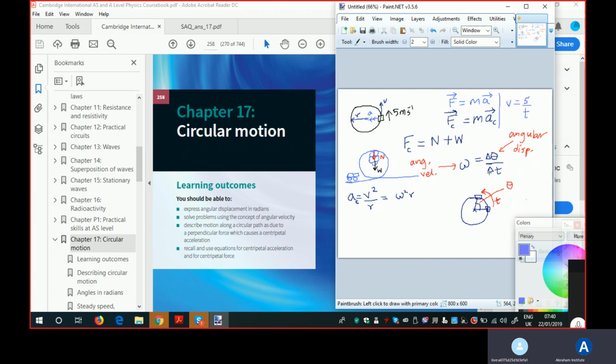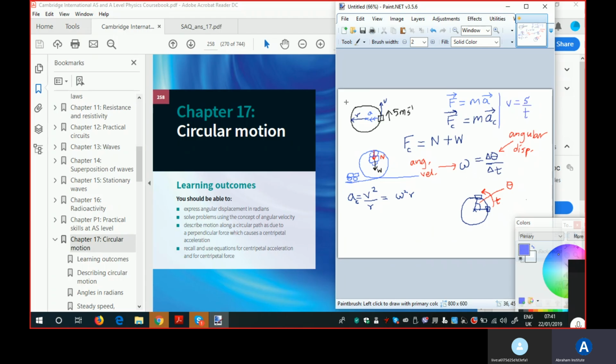So you see the same equation we are using for circular motion, but in a different way, because here this is in a certain straight line or linear direction, but here this is at an angle. So that's why we have theta here. Here it is a length, here it is an angle. So displacement divided by time, and here angular displacement divided by time will give you angular velocity.